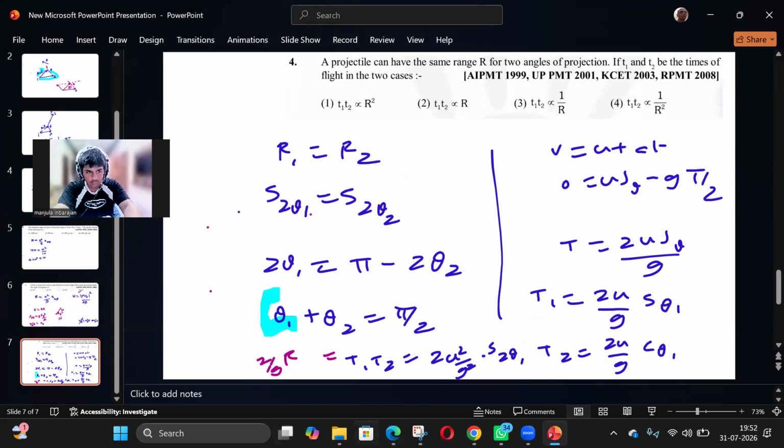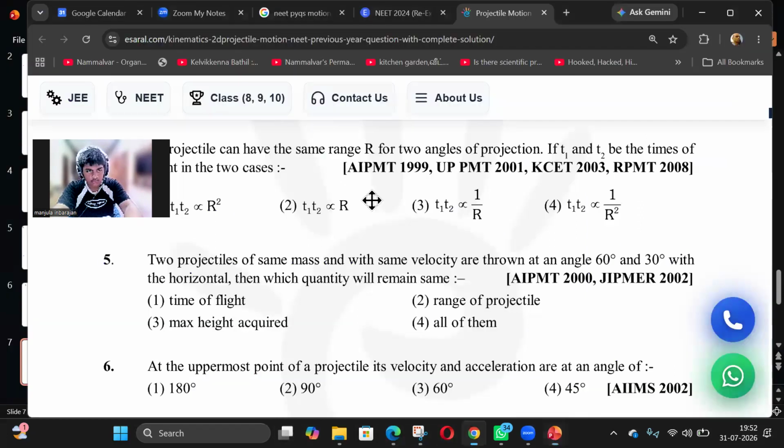So you can use this result for the next question. The angles are 30 and 60 and 30, so they're complementary angles, and the range will be the same. If everything is the same except the angle and the angles are complementary, then the range will be the same. So 5 is option 2.